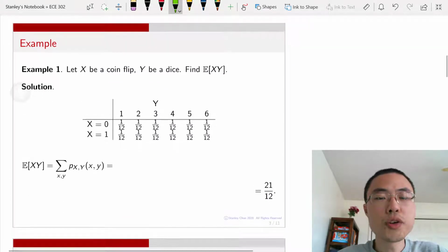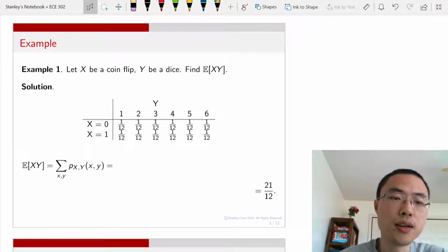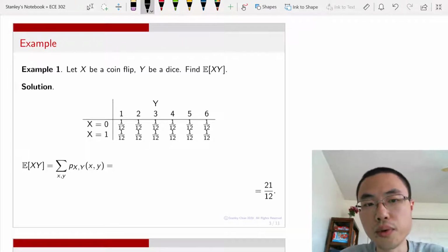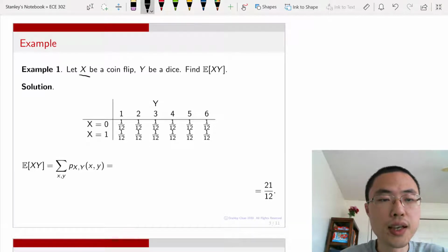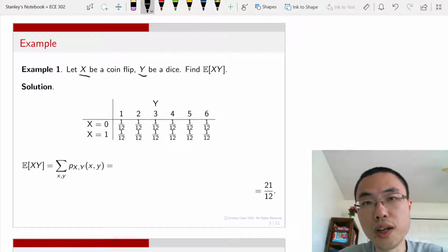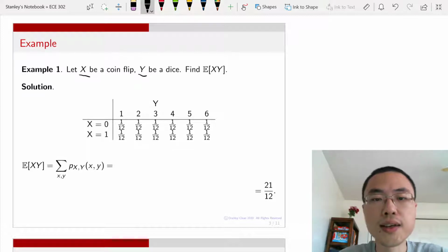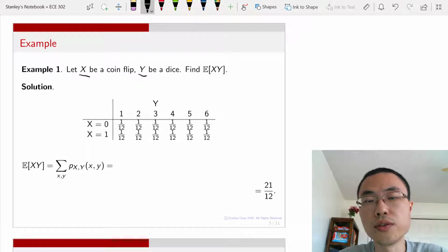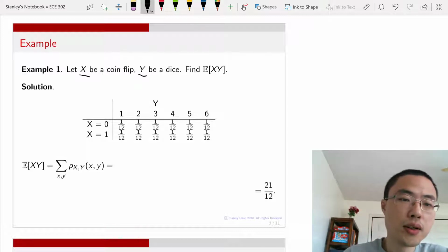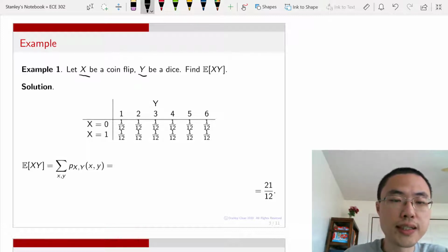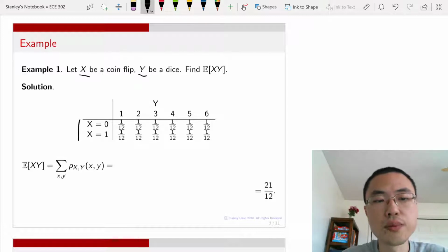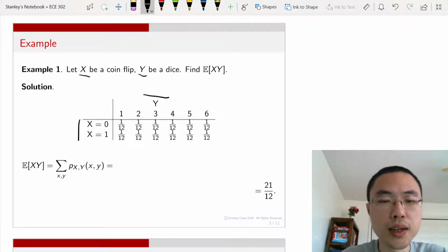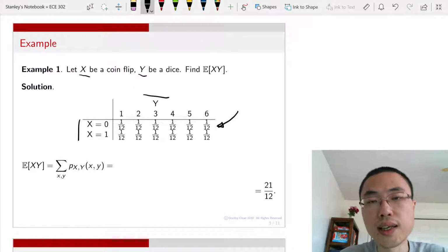To make sure that you are on the same page with us, let me go through a very simple example. Here is a pair of random variables, X and Y. X denotes a coin flip, and Y denotes a dice. We want to compute the joint expectation of X times Y. In the last lecture, we studied this example, and we know that the joint PMF is given by this table, where you have the first variable X, the second variable Y, and this table contains 12 numbers.